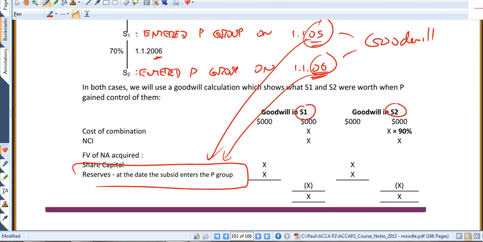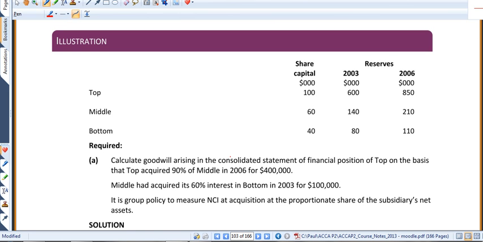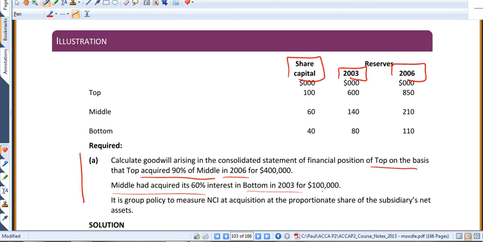Well, let's see this with some numbers. So we have an illustration over the page with top, middle and bottom. And you're given some data relating to the share capital of these three companies, what their reserves were at 2003 and 2006, and you're asked to calculate goodwill arising if top bought 90% of middle in 2006 for 400,000 and middle bought 60% of bottom in 2003 for 100,000.